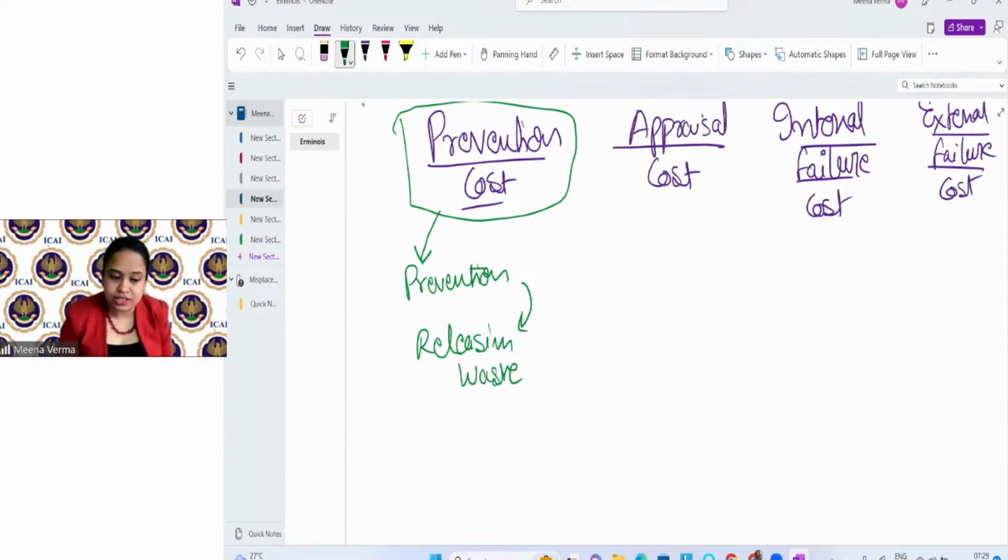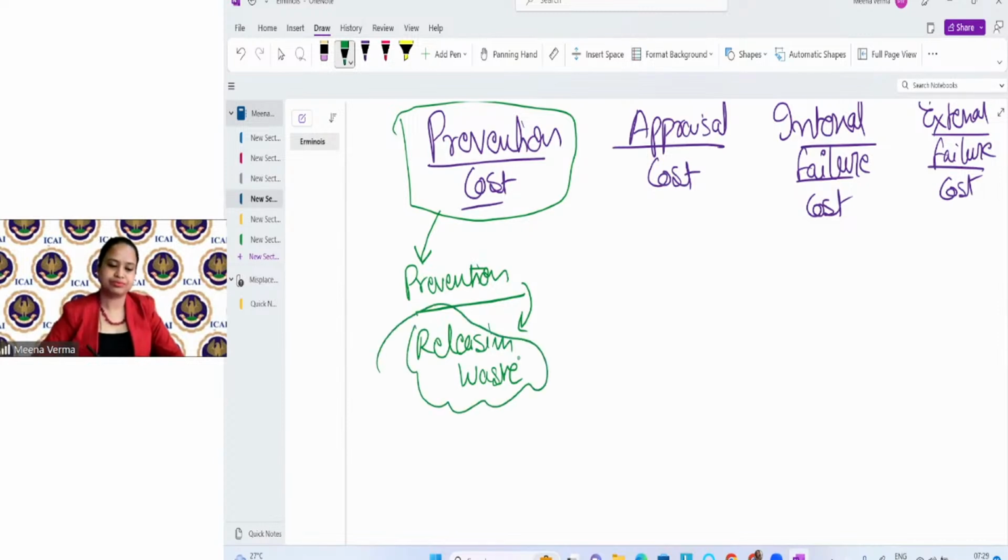And if they are releasing, they are recycling it and making it into usable form and not releasing it as waste in the environment. That will be prevention cost, right? The company has taken enough prevention so that no waste is released.